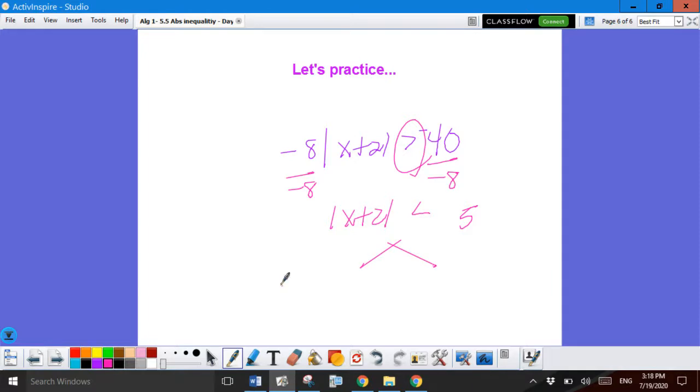And then I'm going to split. So x plus 2 less than 5, x plus 2, flip again, make it negative. So sometimes, if you have extra negatives in there, you are going to flip more than once, okay? You might flip more than once. And even if there was a negative in here, I'd have to flip again. So watch those negatives when you're multiplying and dividing on those inequalities, all right? Okay, let's see what you can do with today's assignment.